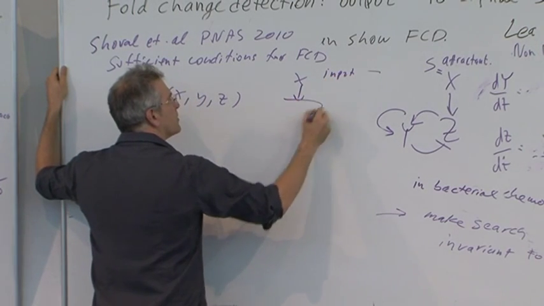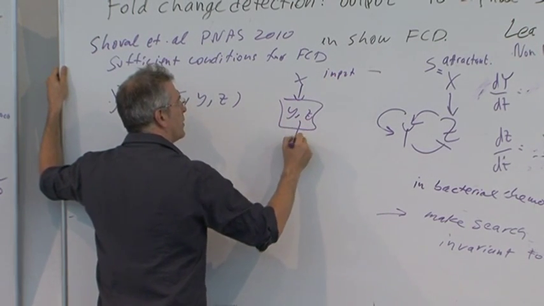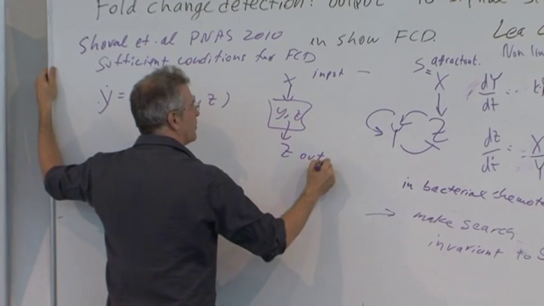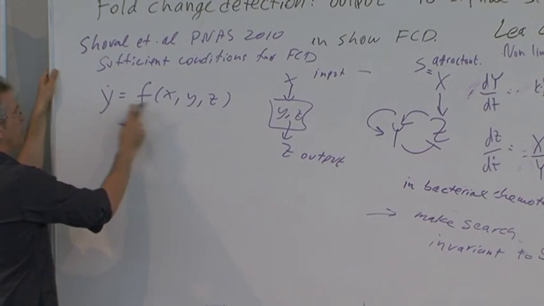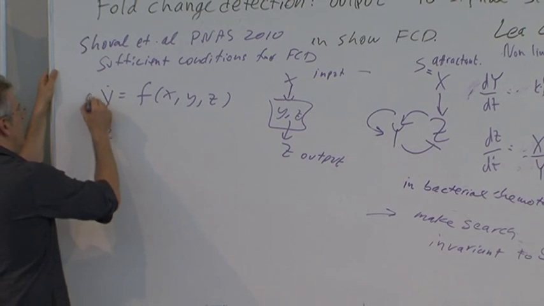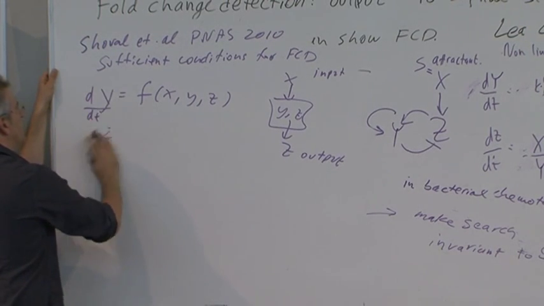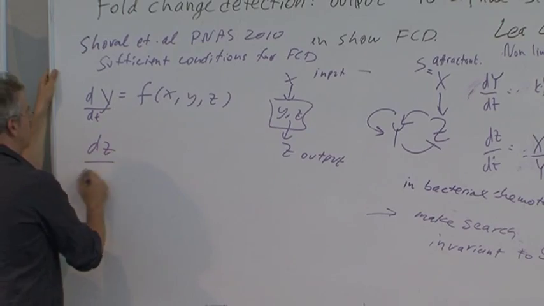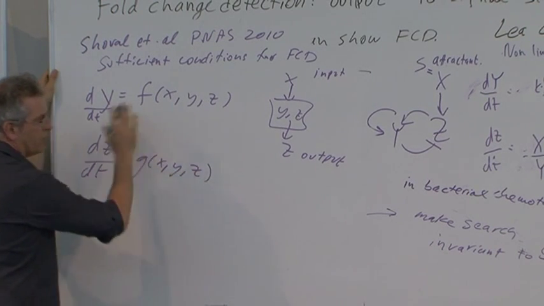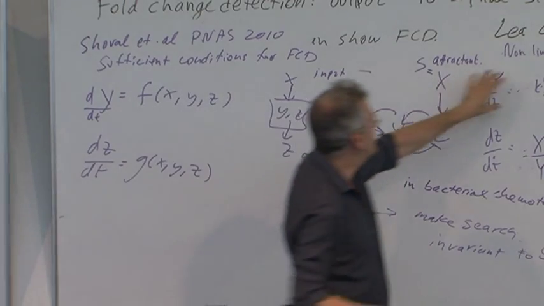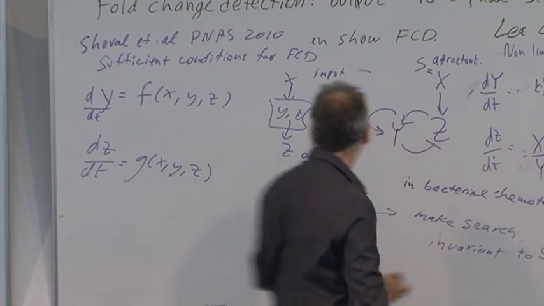It goes into a box, and z is the output. And you want it to have full change detection. So generally, dy/dt is a function of x, y, and z. dz/dt is another function of x, y, and z. That's the most general: dy/dt is a function of x, y, and z, and dz/dt is a function of x, y, and z.